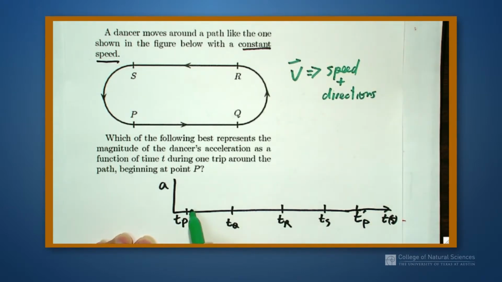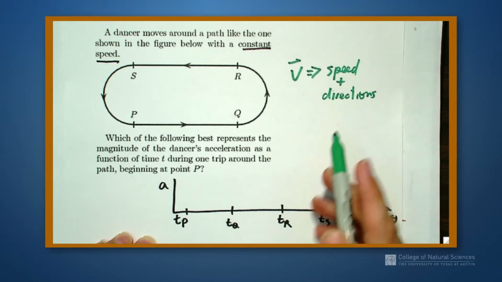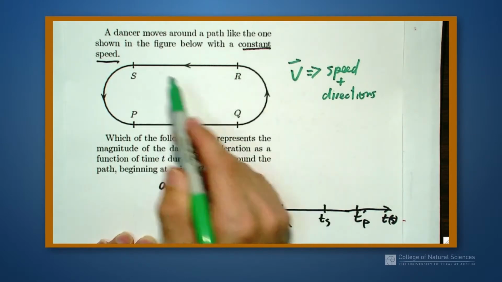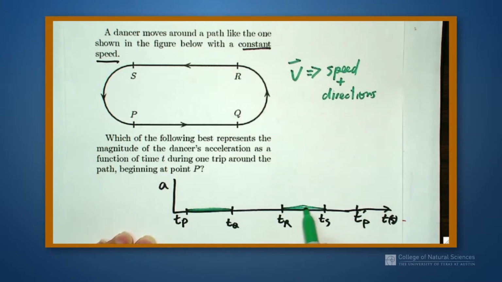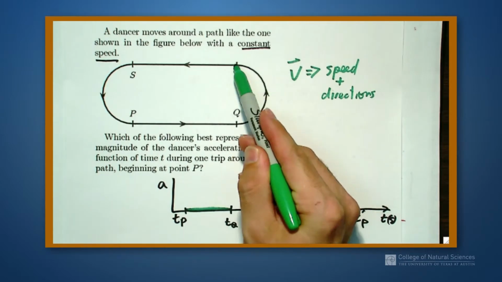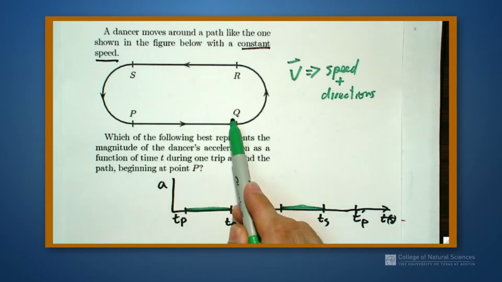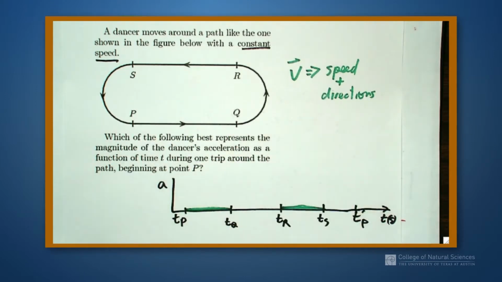So we know that for constant speed and constant direction, our acceleration is 0. And same thing from R to S. We're back to 0. In those cases, we both have constant speed with constant direction.